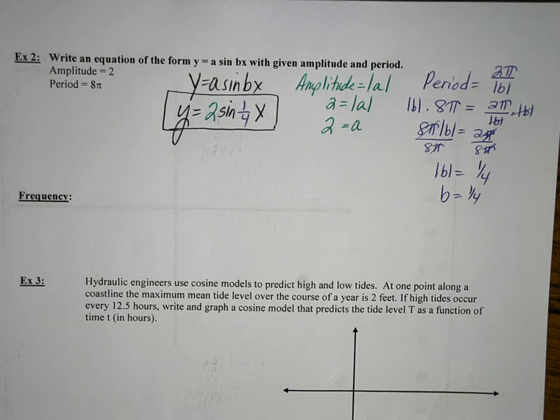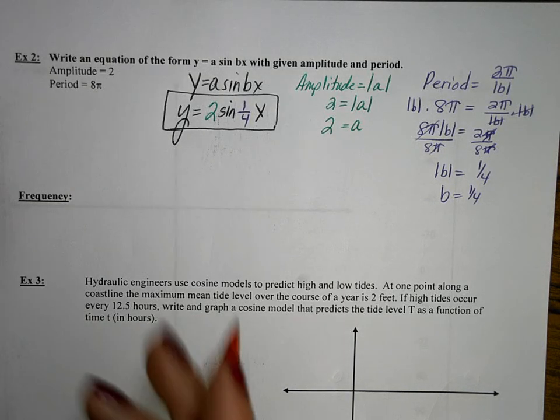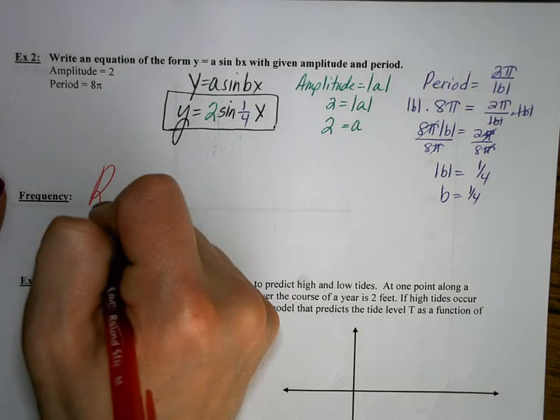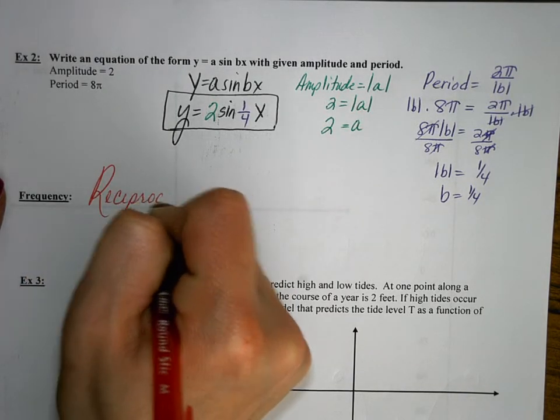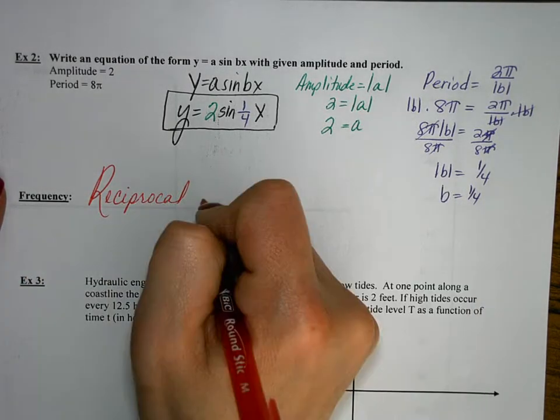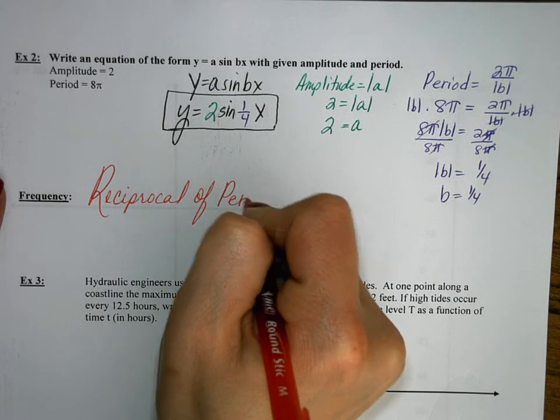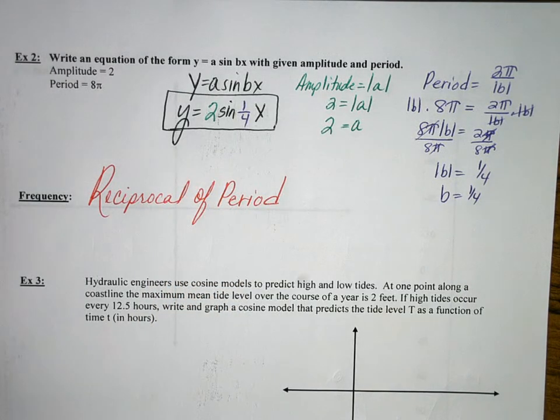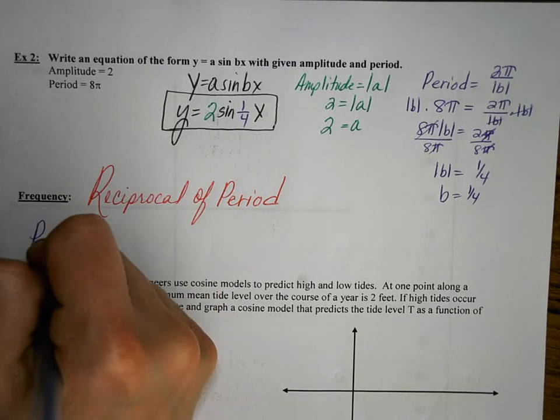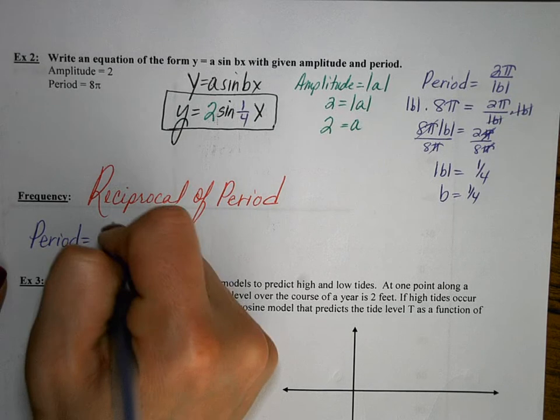All right, frequency. The frequency is the reciprocal of the period. So I take the period and do what with it? Flip it over. Okay, so let us remind ourselves, how do I find the period? 2 pi over the absolute value of b.